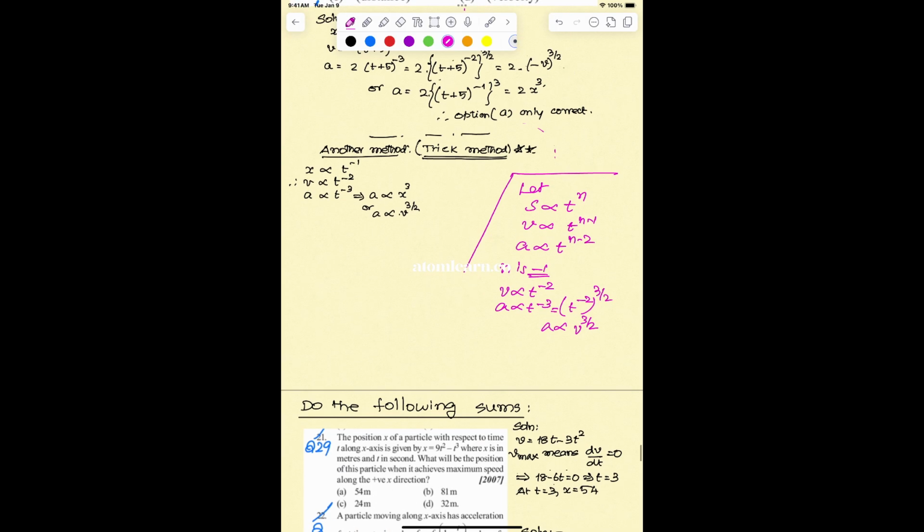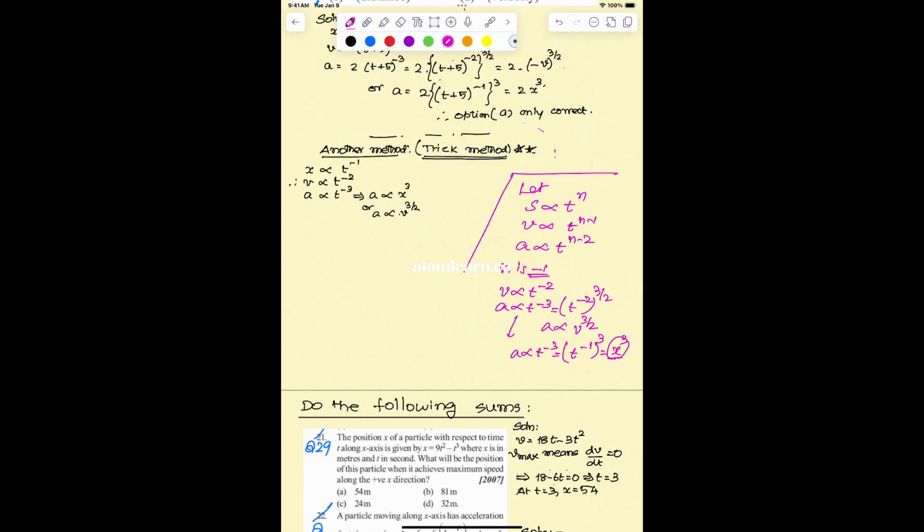Then this can also be converted in terms of displacement. Acceleration is proportional to t power minus 3, which is equal to t power minus 1, because that is displacement, the whole thing cubed. Therefore x cube. So, proportionality only.